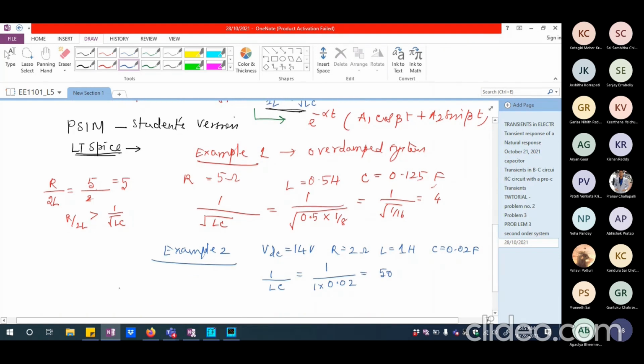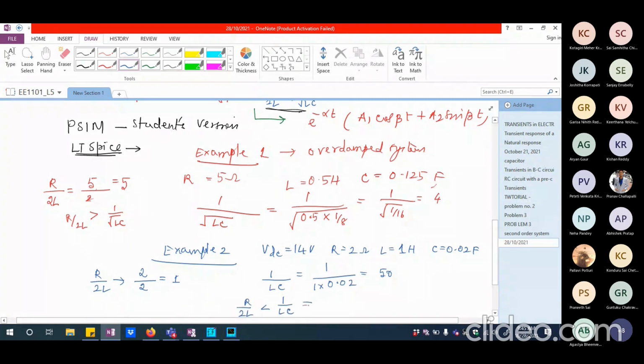And R divided by 2L, R is 2 ohms and 2L is 2, so I'm getting this as 1. So R by 2L very clearly is less than 1 by LC.